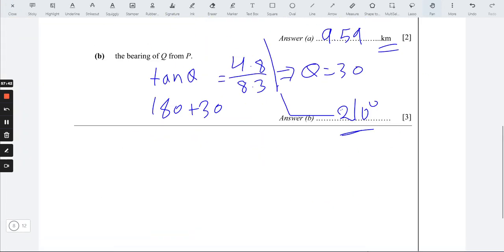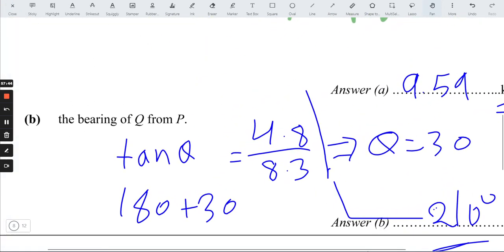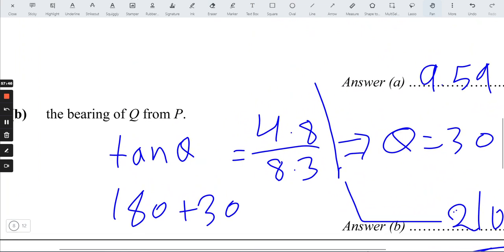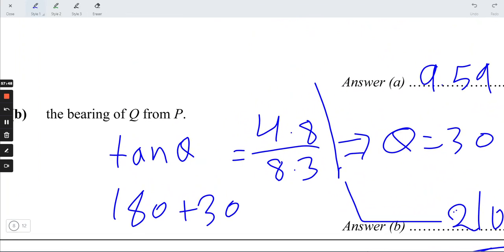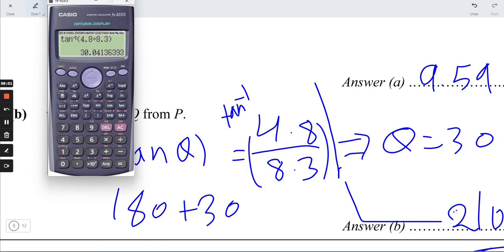And as I said, we should use tan inverse, because if you take tan inverse of both sides, tan inverse of tan theta, you should also write tan inverse here. So in your calculator you will use tan inverse of 4.8 divided by 8.3.